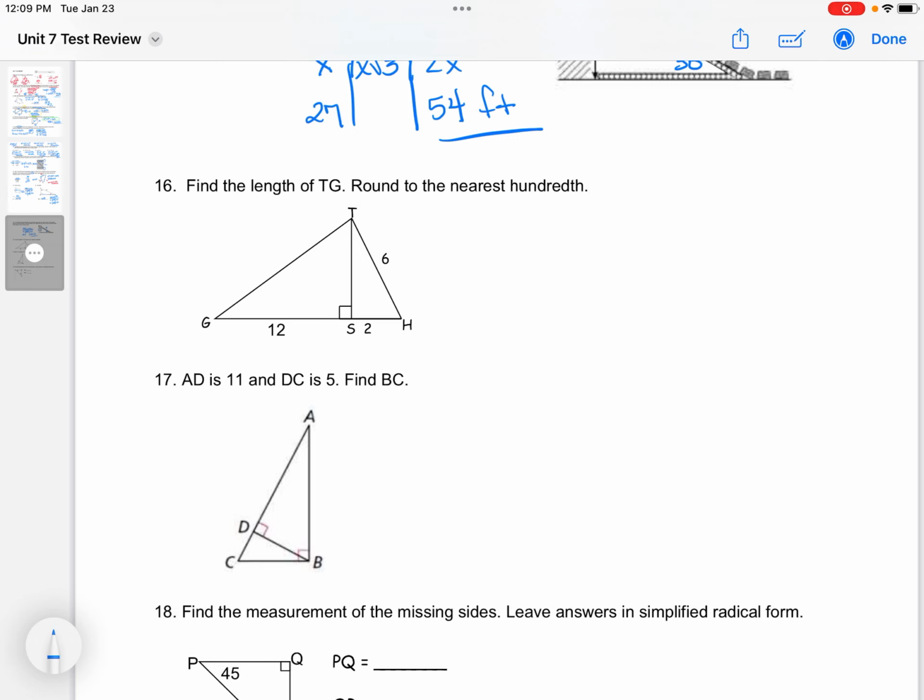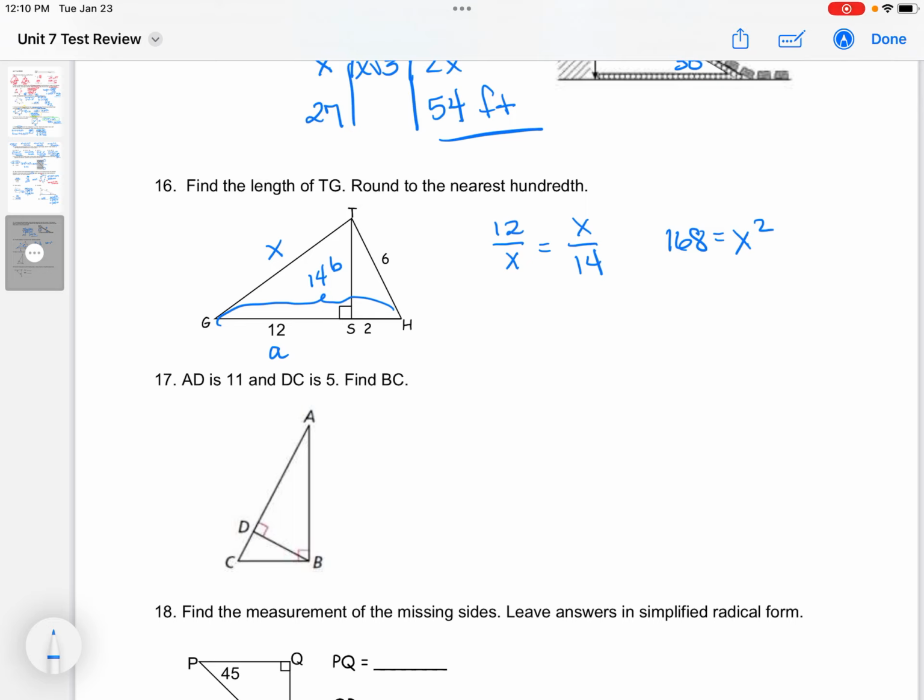All right, so for this one, we're looking for TG, so we're going to use the whole thing is A, so this is X, A and B, so I'm going to have 12 over X equals X over 14, so I'm going to multiply 12 times 14, 168.